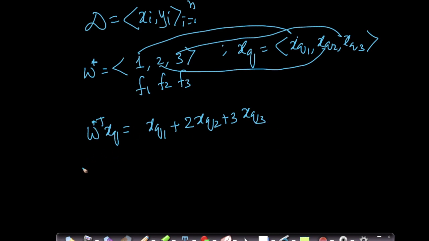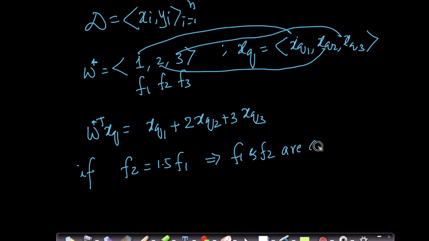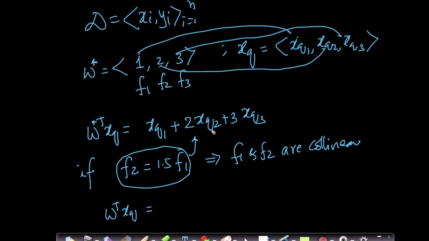Now let's look at it. If feature 2 is 1.5 times feature 1, let's assume, this means f1 and f2 are collinear. I can now use this equation and put it in as follows. I can write w transpose xq by replacing xq2, which is nothing but 1.5 times xq1.